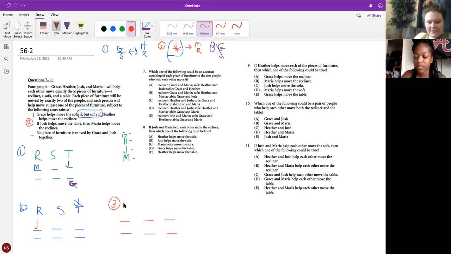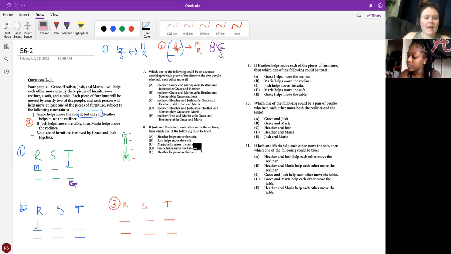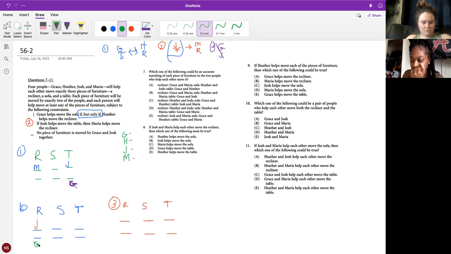Because now I have every scenario of where J could go. And I can even cross this off. And so now in world number 1, I know that G cannot go in R. And then in world number 2, I know G cannot go in S. And so technically, this rule number 2 is completely taken care of, right?